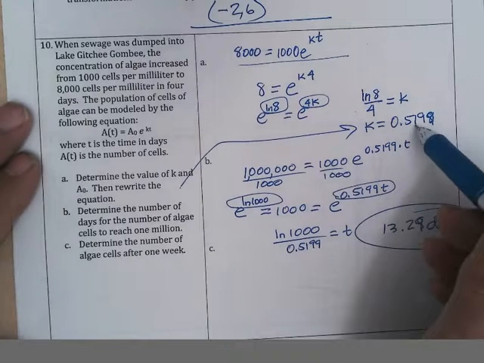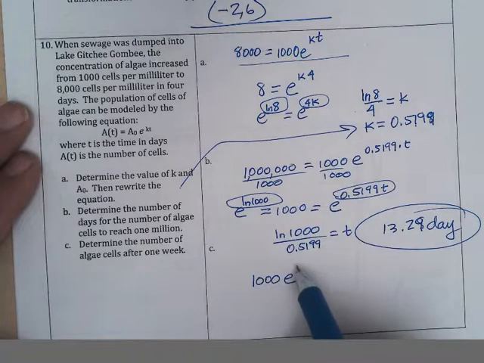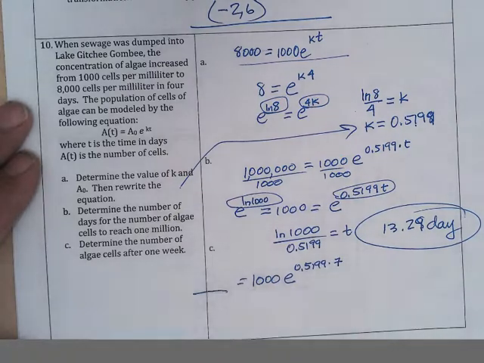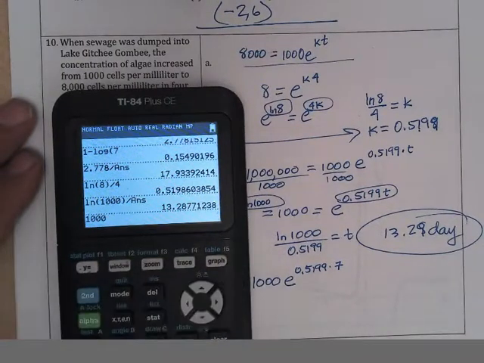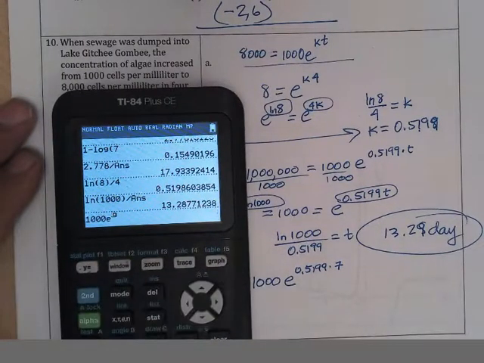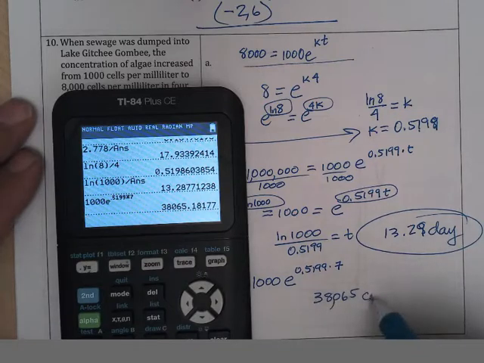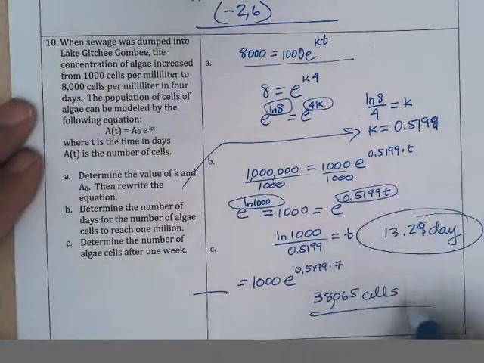This is my k, and so starting with 1,000, e to the 0.5199 times 7 days to find out how much. 1,000 e to the 0.5199 times 7, and I get 38,065 per milliliter.